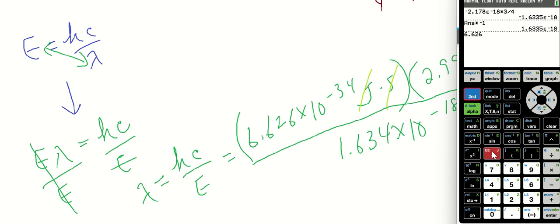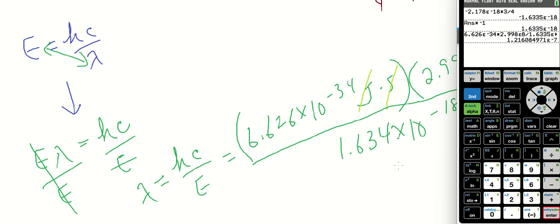6.626 times 10 to the negative 34 times the speed of light, 2.998 times 10 to the 8, divided by the number that I got earlier, because it has a little more precision than the one I rounded for the first part of the answer.